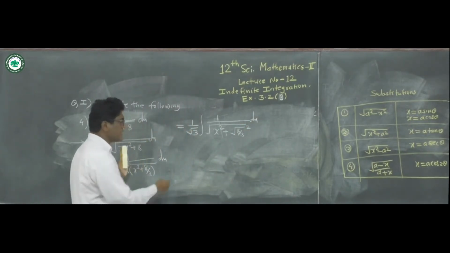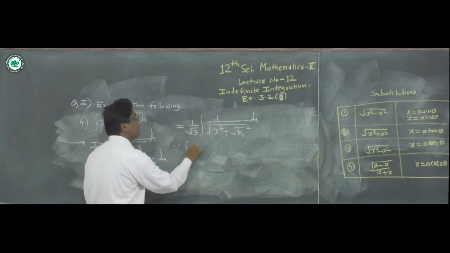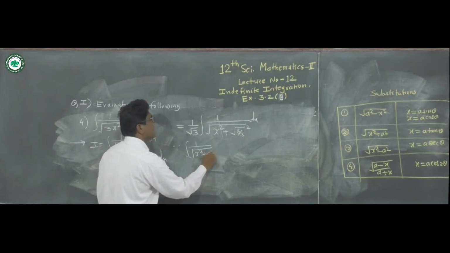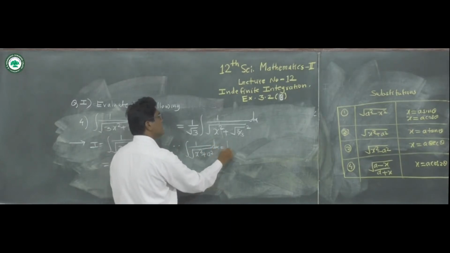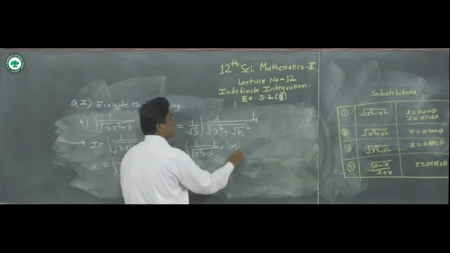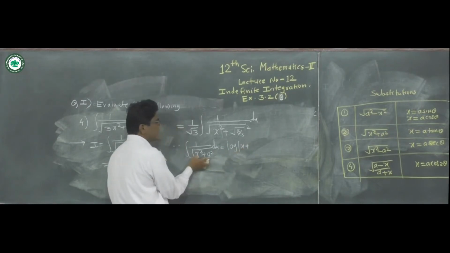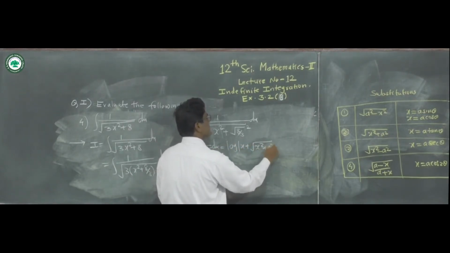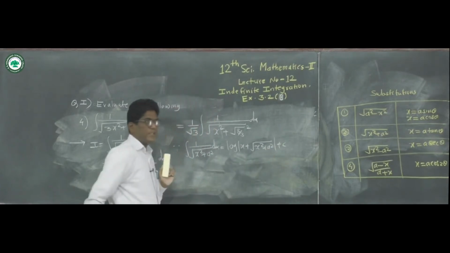And now use the standard formula: integration of 1 upon under root of x square plus a square dx is equal to log of x plus root of x square plus a square plus constant of integration.